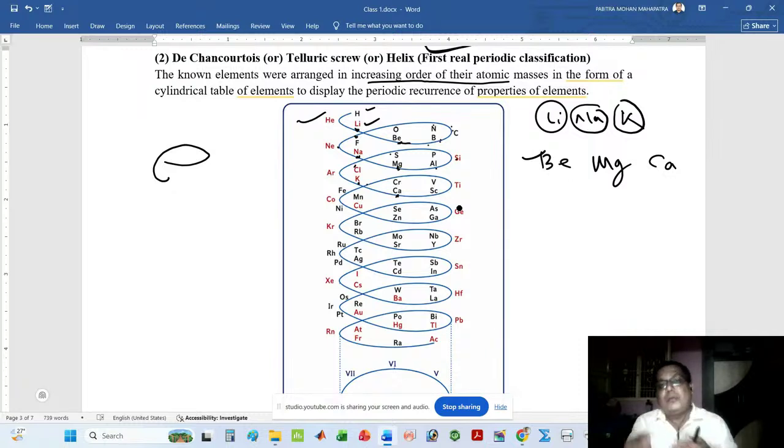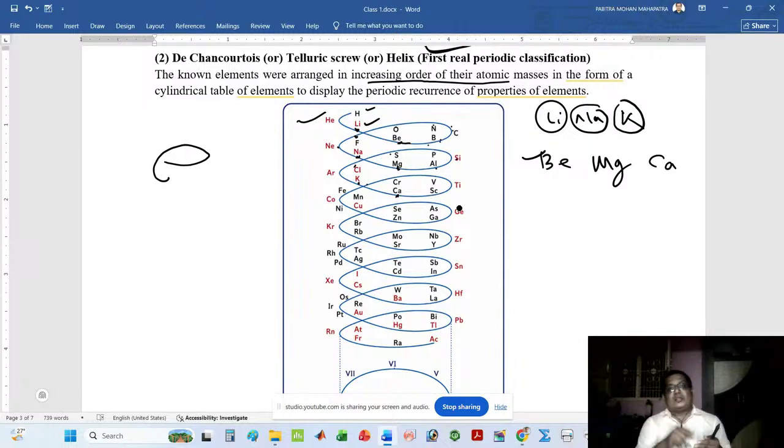When you go from boron to carbon, then the property is again slightly changed, maybe decrease, maybe increase. When you go to nitrogen, it again changes. Here again more changes. When you reach oxygen, here also it changes. When you come to magnesium, you will find the same property.